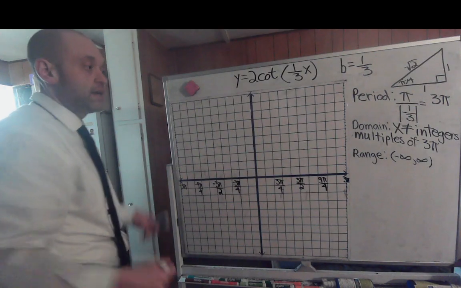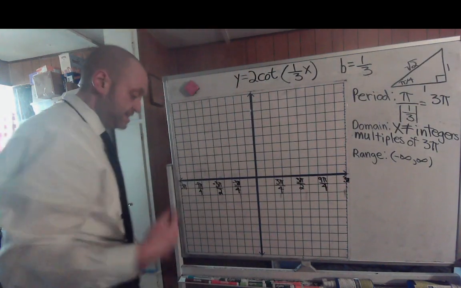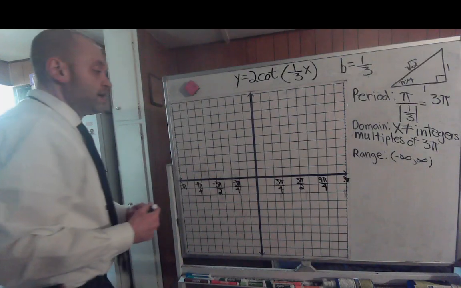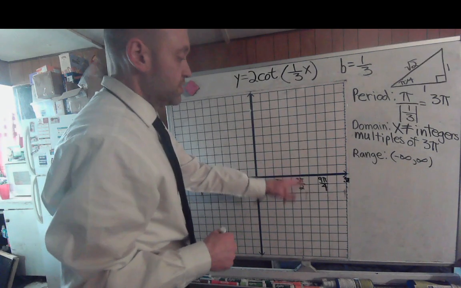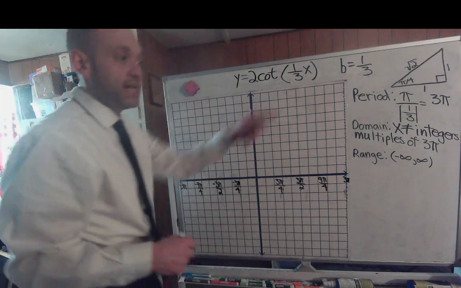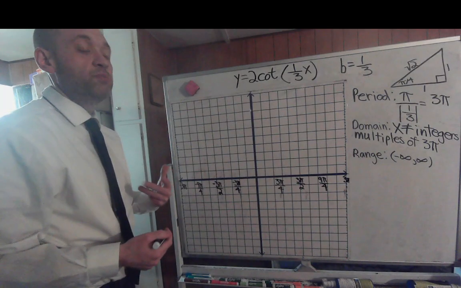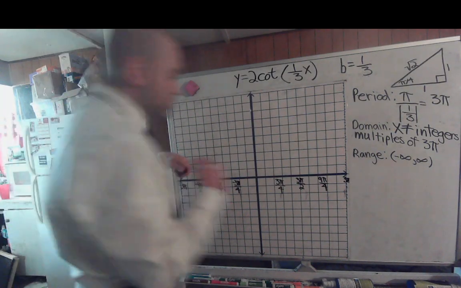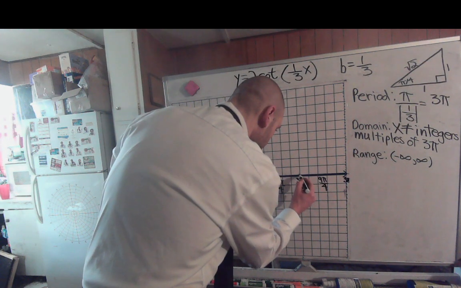That's our domain. Our range is still negative infinity to infinity. Now, let's start with 3 pi over 2. If I take 1/3 of 3 pi over 2, that would give me the cotangent of pi over 2, which would be 0. So we'll just have 0 for 3 pi over 2.